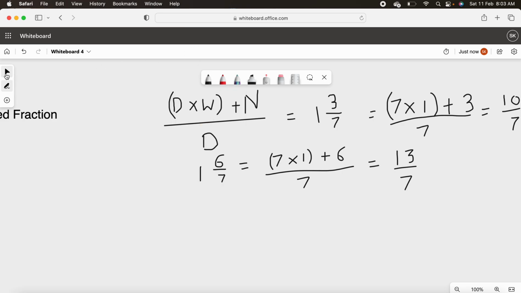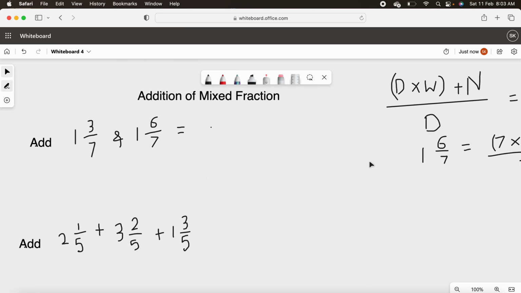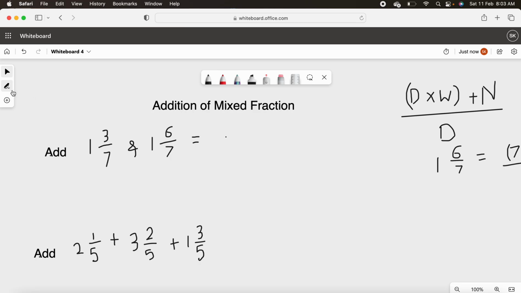Okay, let's add them. What is it? 10 by 7 and 13 by 7 is equal to 10 by 7 plus 13 by 7. Now guys, the next step, it has the common denominator.